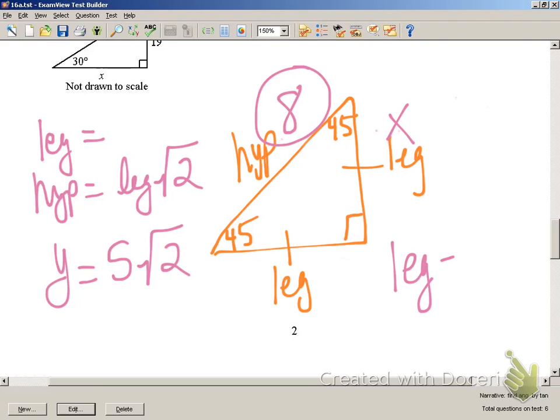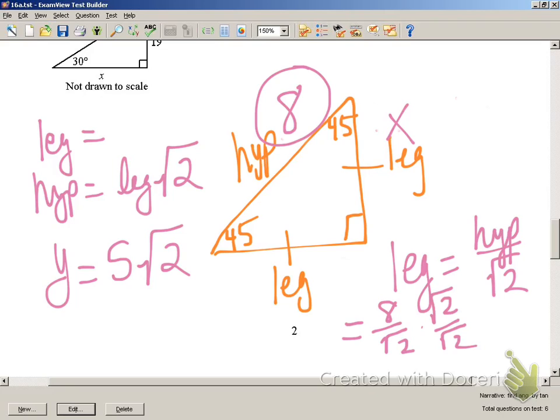The leg will equal the hypotenuse divided by radical 2. So we have to go through our properties of rationalization. So I'm going to say 8 divided by radical 2. I have to rationalize. That means multiply both the top and the bottom by radical 2, and multiply straight across. So I have 8 radical 2 over radical 4.